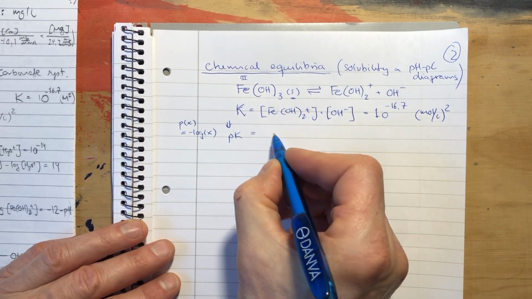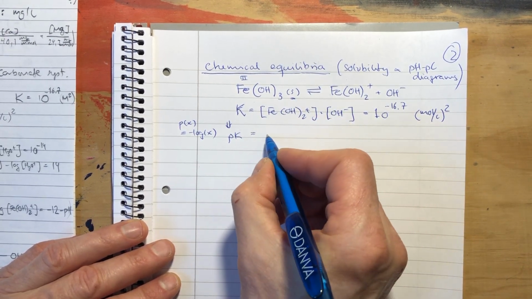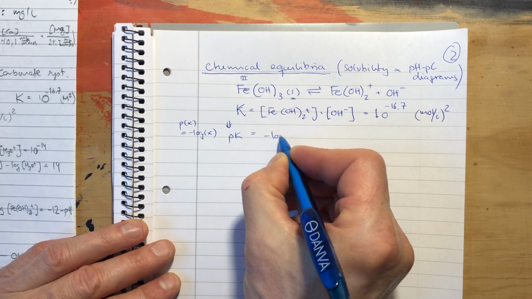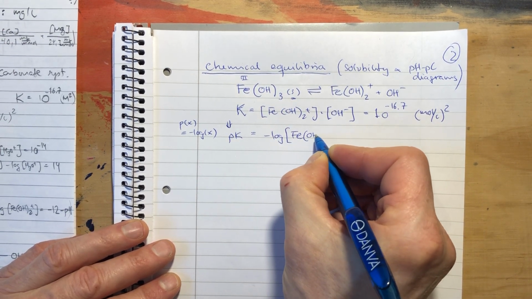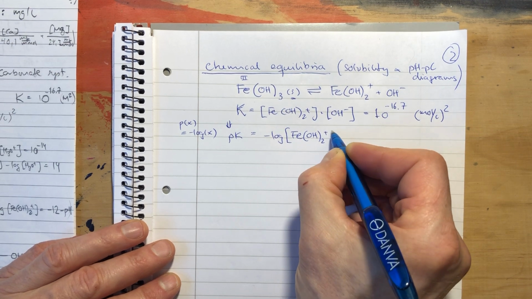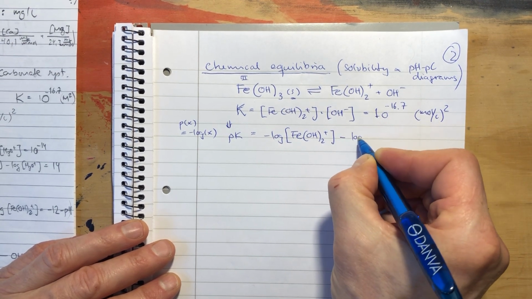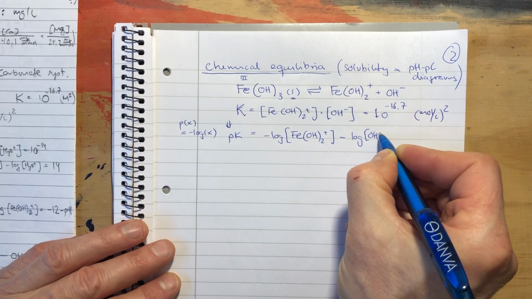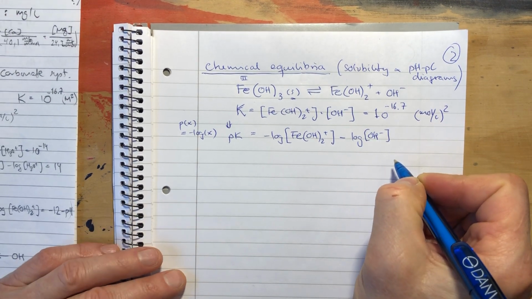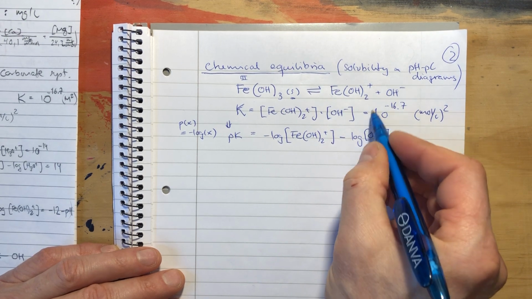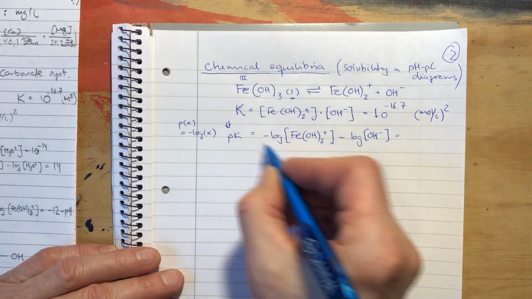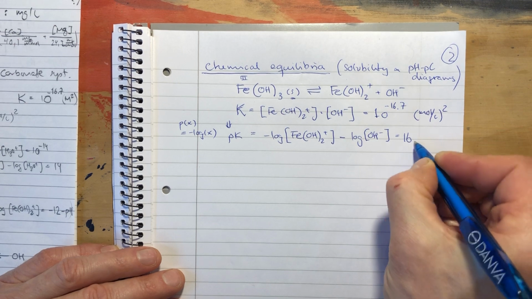So I will have the minus log of the concentration of the iron hydroxide ion here, and the minus log of the concentration of the hydroxide ion here. Since the K value was 10 to the minus 16.7, the minus log of that will be 16.7.